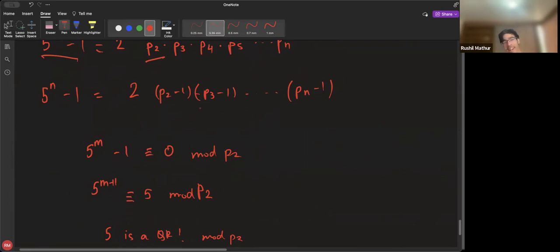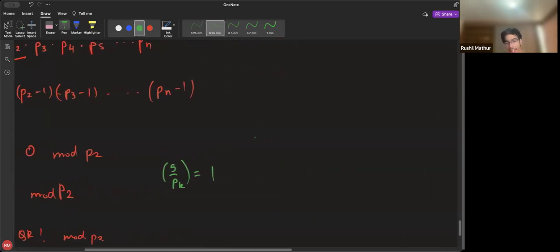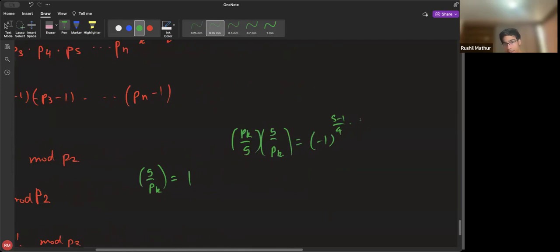So what we have now is that (5 by pk) is 1 for each k. By quadratic reciprocity, (5 by pk) times (pk by 5) should be minus 1 to the power (5 minus 1) by 4 times (pk minus 1).